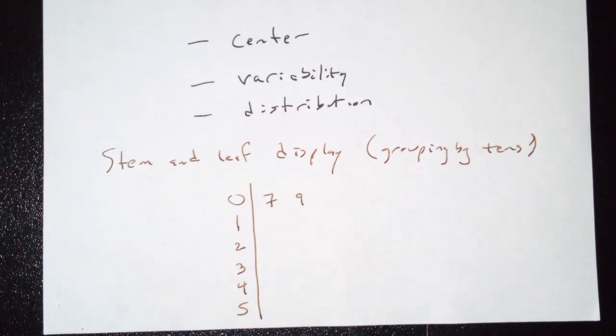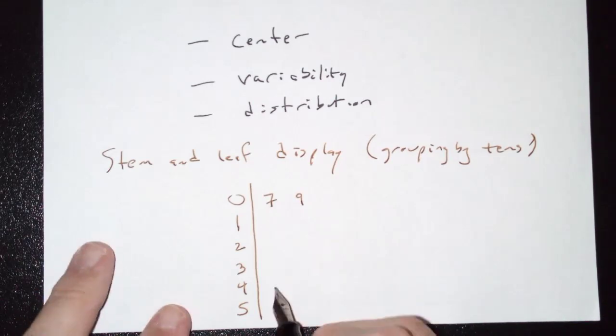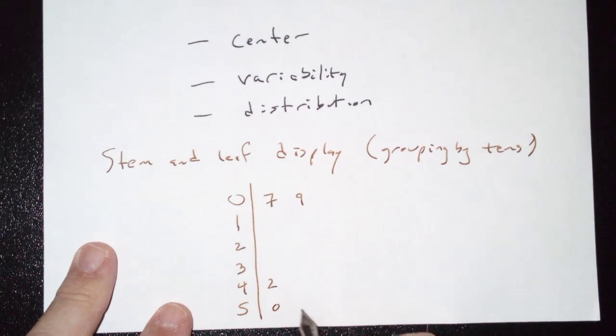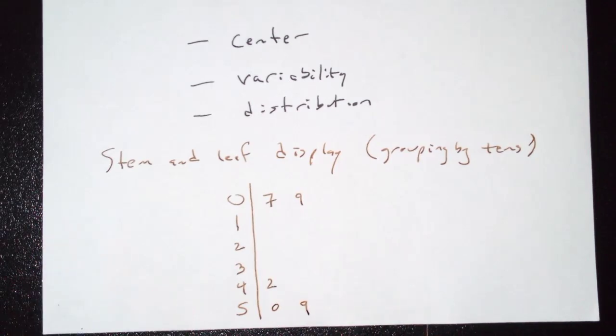Off of 5, there are only two numbers in the 50s range, 50 and 59. There's only one in the 40s range. So over here in the camera, I'm going to write the appropriate ones digit on each of those lines.